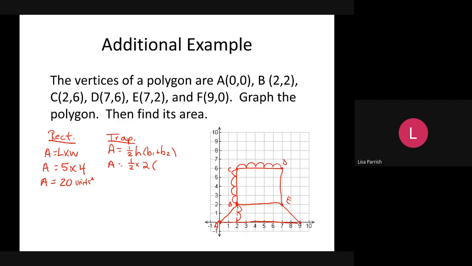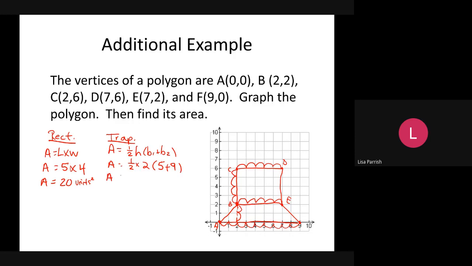Okay. Remember my bases are the parallel sides. So in this case, my bases are going to be the top and the bottom. Remember, we never use the slanted sides. So this first base is 1, 2, 3, 4, 5. My bottom base is going to be 1, 2, 3, 4, 5, 6, 7, 8, 9.